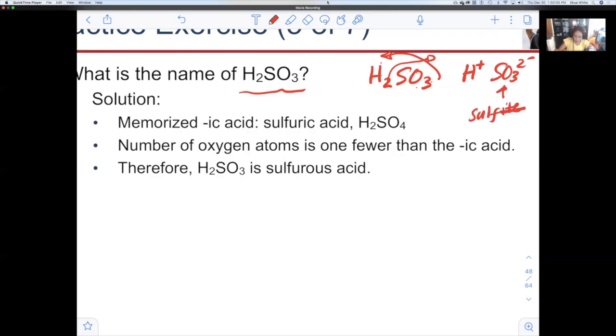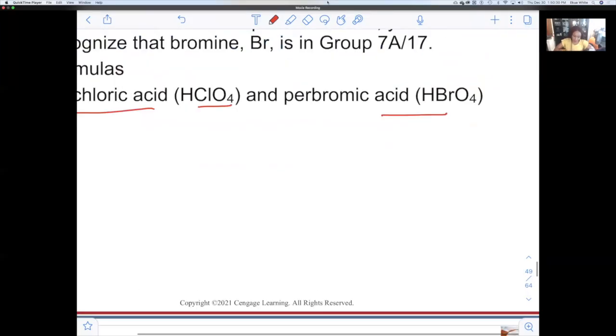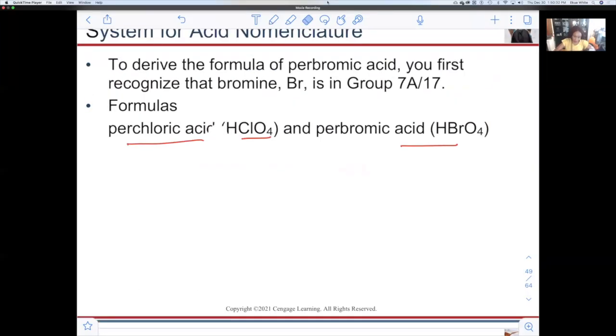Then replace that with "ous acid." Oh, sorry, elongate it first, my bad. Elongate it first. Sulfite, right? Replace this with "ous acid," and then replace this with sulfur. So sulfurous acid.